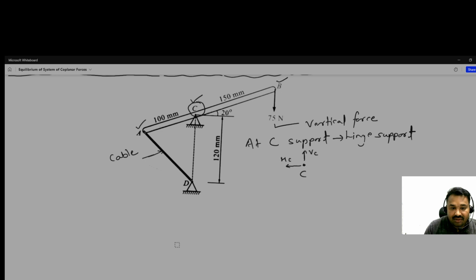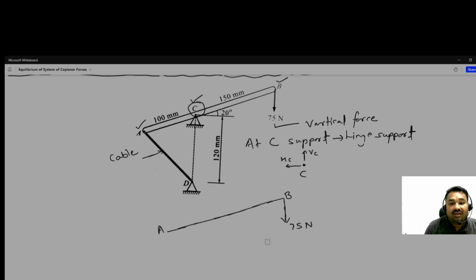So what will be here? It is A, it is B, and at B the load is vertical 75 Newton.